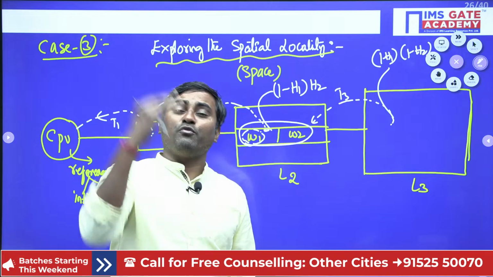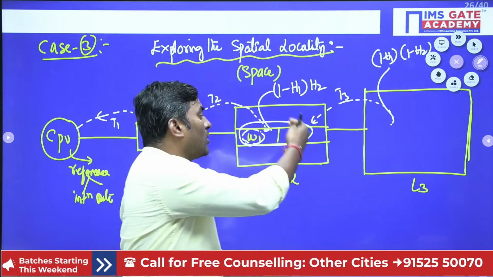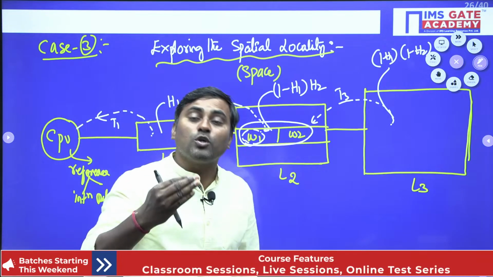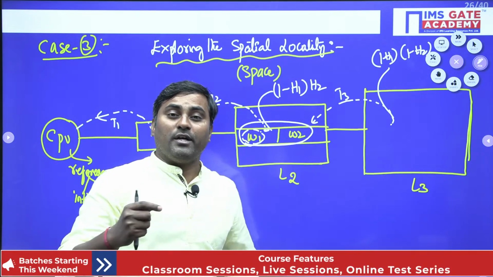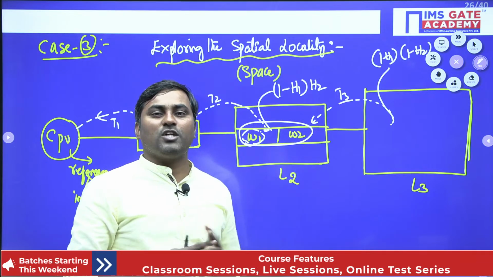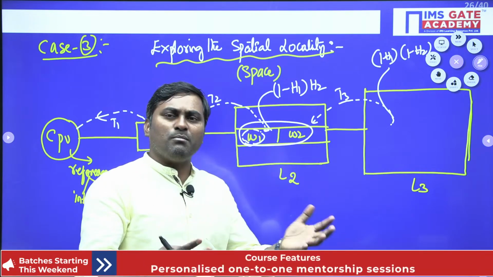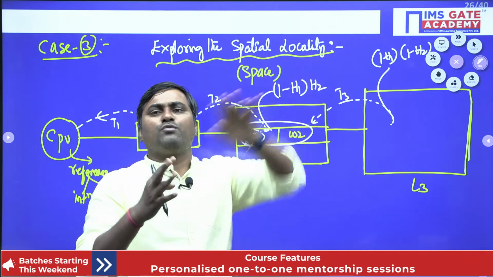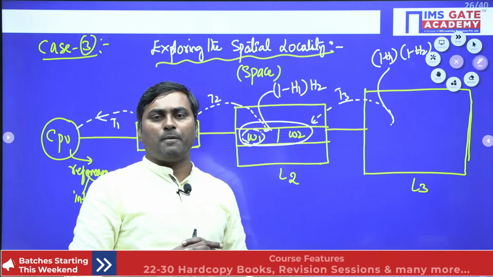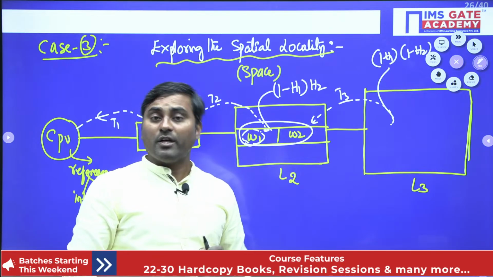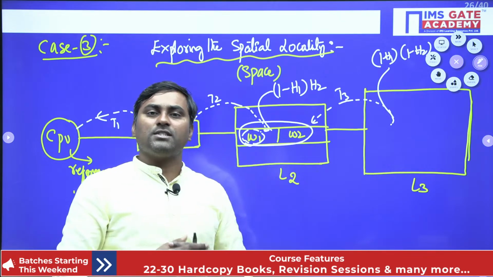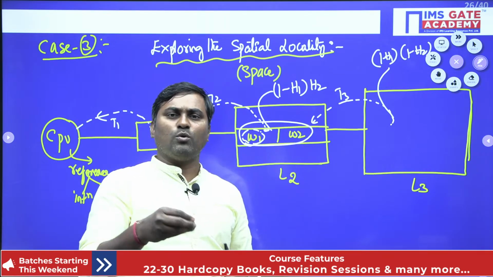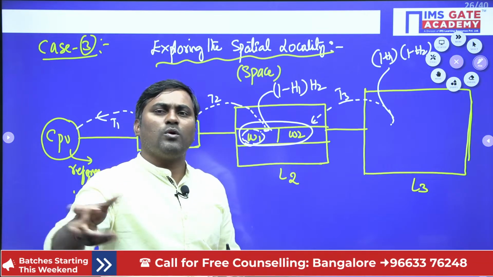If you transfer it in advance, then in the future, if the processor refers to word number 2, it is going to be available here. So for the future the penalty is going to be reduced. If I use spatial locality and transfer some adjacent data in advance to the next level, then the total average access time is going to be reduced. Will it happen, sir? Yes. Example: an array. When the program is reading array elements, with i equal to 0, the first element, the next two words can be transferred.